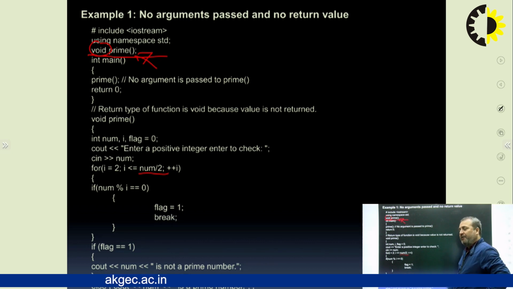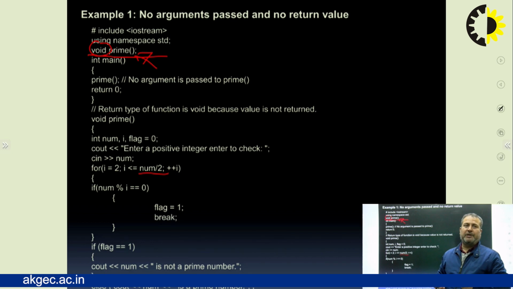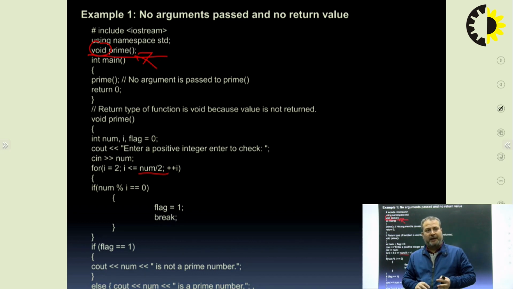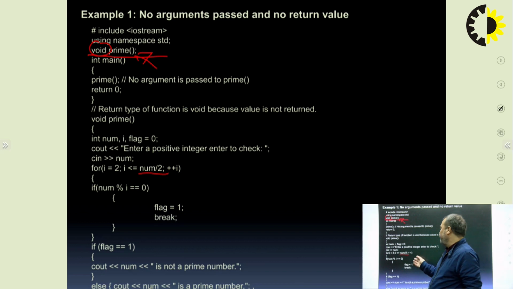Even number minus 1 means, suppose the number is 50, we need not go up to 49, even going up to half ensures whether the number is prime. So we just check if it is divisible. Then we come out of the loop and show a message that it is not a prime.